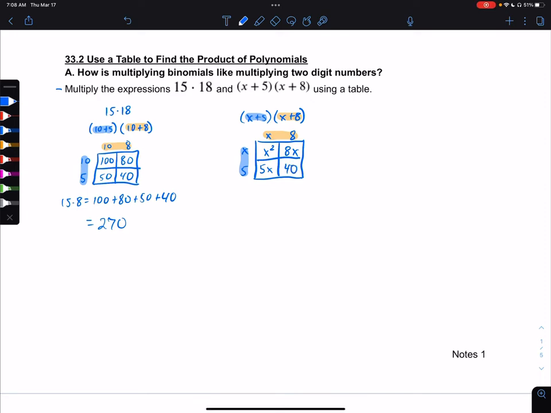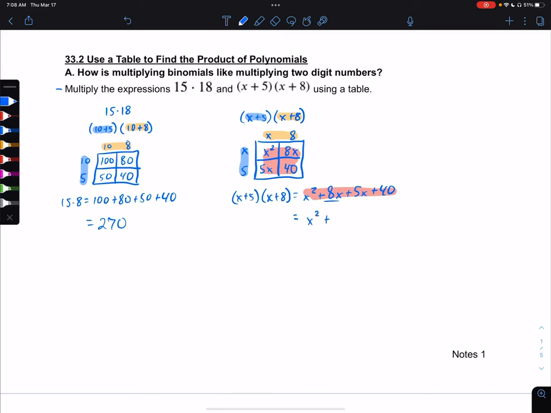And now we can set it up where x plus 5 times x plus 8 is the same as x squared plus 8x plus 5x plus 40. So these 4 terms here are the numbers that we took from inside. And then combine any like terms that you might have. In this case, we have 8x and 5x.